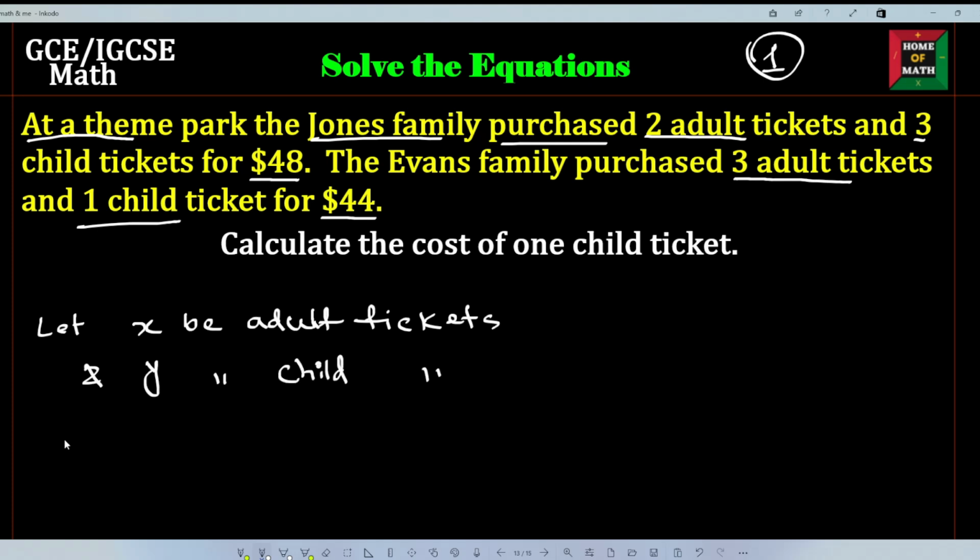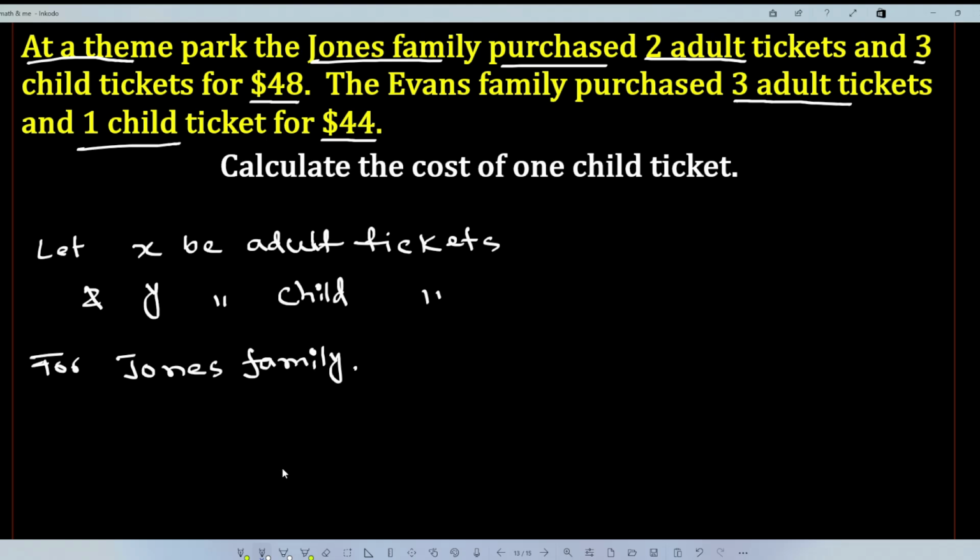Okay, for the Jones family, we can write 2 adult tickets, it means 2x, and 3 child tickets, 3y. 2 adult tickets and 3 child tickets equal $48. We can write this as equation 1.